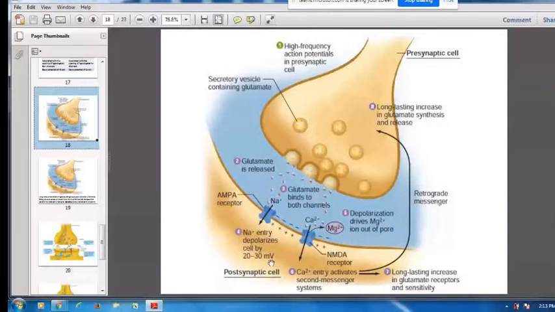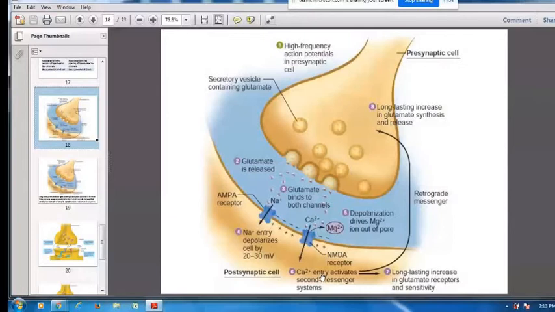Let me recapitulate. Action potential comes, calcium entry occurs, exocytosis of the neurotransmitter occurs. The neurotransmitter released is glutamate. Glutamate binds to the AMPA and NMDA receptors of the postsynaptic cell. When glutamate binds to the AMPA receptor, it causes entry of sodium inside the postsynaptic cell.